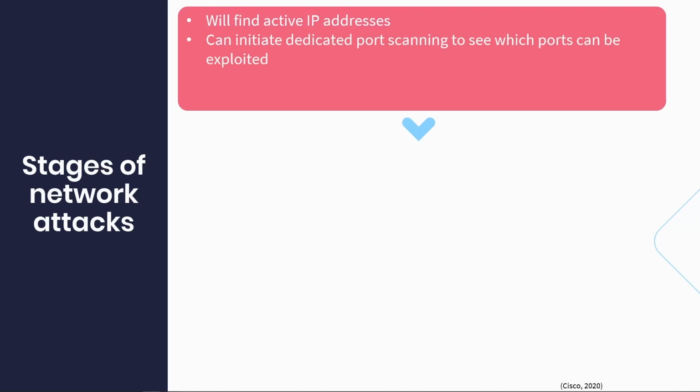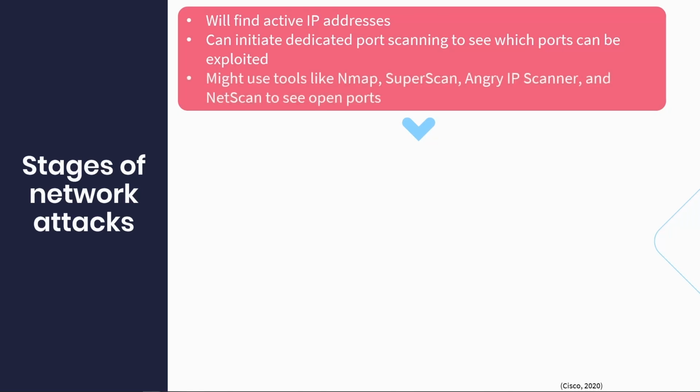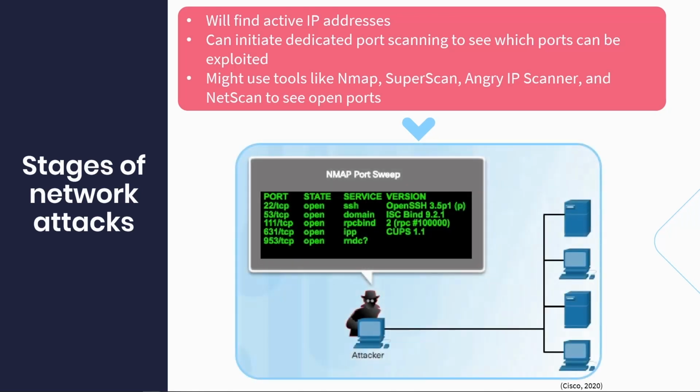Once they know the active IP address, the threat actor will be able to initiate a dedicated port scanning on all these addresses to see which ports are open that could be exploited. With network tools like Nmap, Superscan, Angry IP Scanner, and NetScan, a threat actor will be able to see your open ports and other vital information on the target computers.